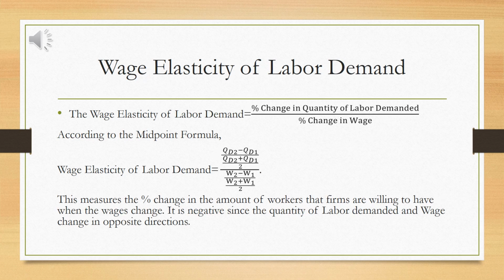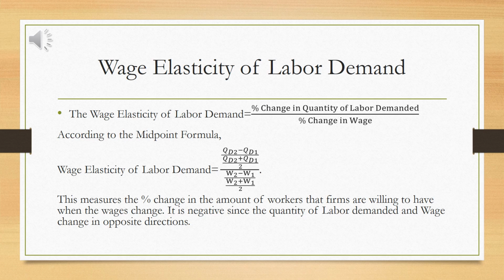The wage elasticity of labor demand equals the percentage change in quantity of labor demanded over the percentage change in wage. According to the midpoint formula, wage elasticity of labor demand equals the new quantity of labor demanded minus the old quantity of labor demanded, divided by half the sum of both quantities of labor demanded, over the new wage minus the old wage, divided by half the sum of both wages.